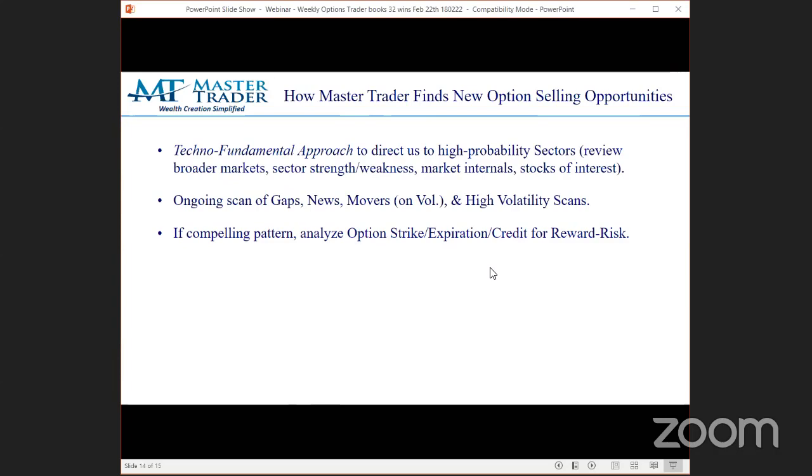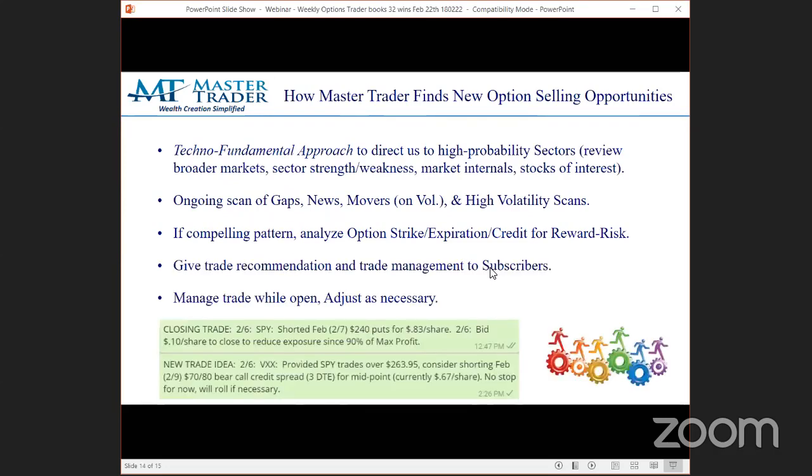So once we have our optionable trades of interest, then I analyze what we can get paid. What can we get paid for assuming that risk? And that's what we're going to walk through a few examples right now. Then I'll trade it. We give the trade recommendations both in chat and email to our subscribers, and then we just manage it.